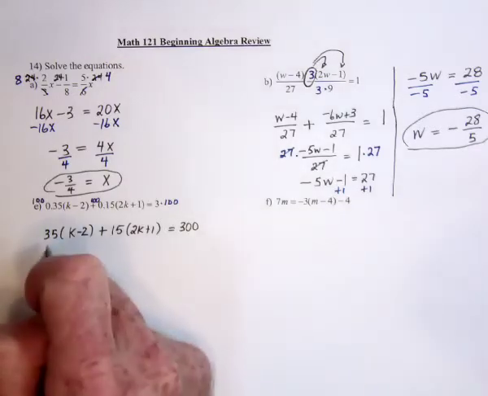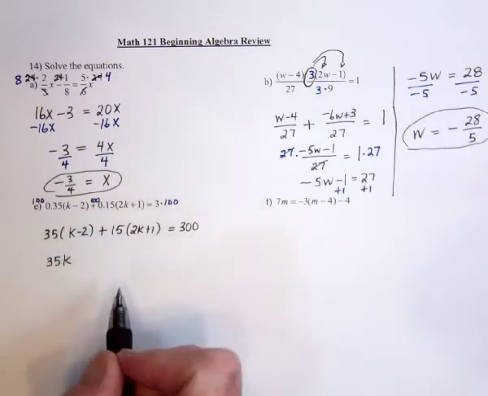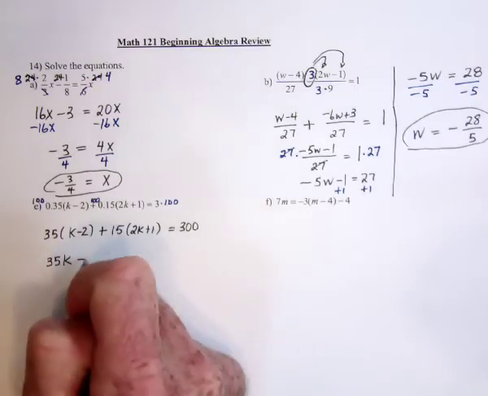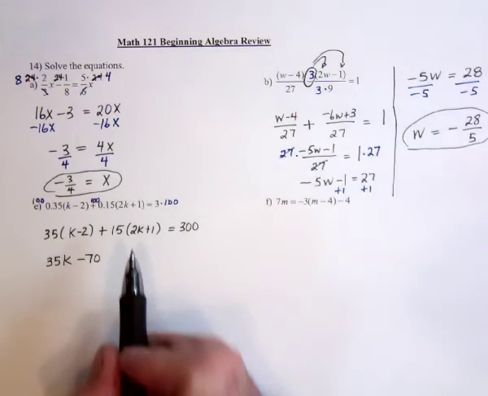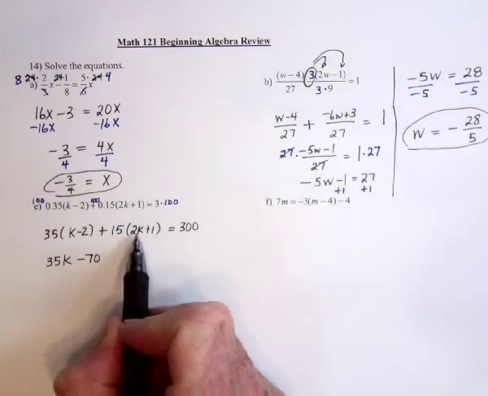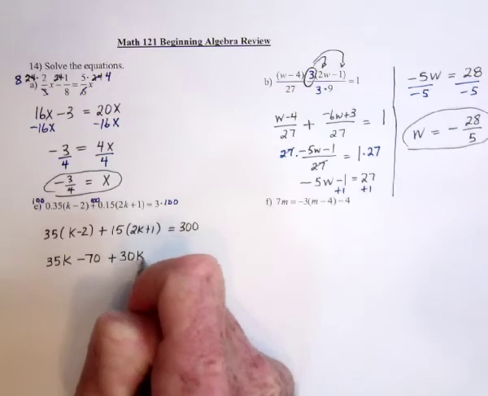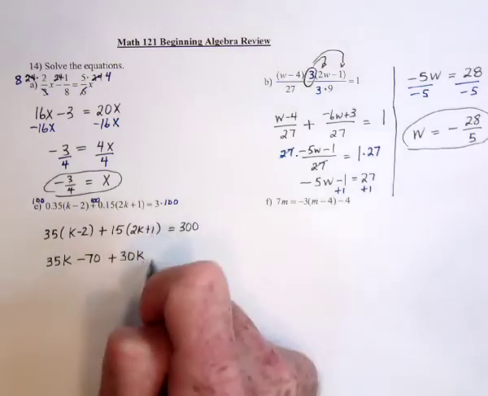So we'd have 35 times k, then 35 times negative 2 is negative 70. Over here, 15 times 2k, that would be 30k. Not 30,000, but 30k. And then there's 15 times 1.